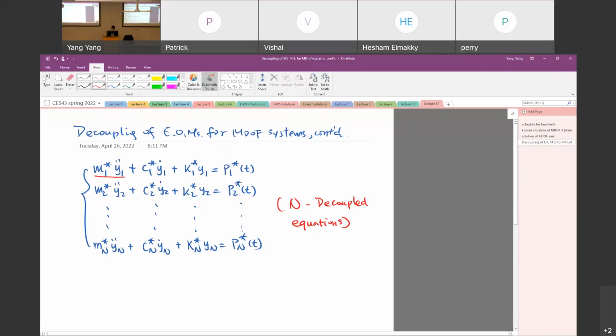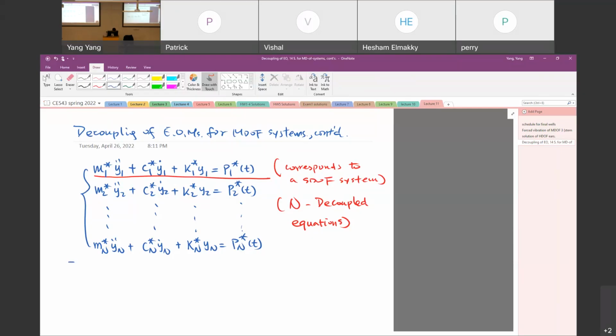M1 is a calculated value. C1 star and K1 star, both of them are calculated values. And P1 star can also be calculated. So the only thing for us to do is to solve for Y1 through Yn.